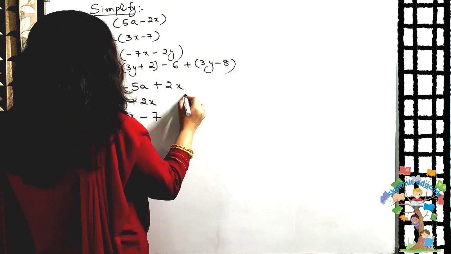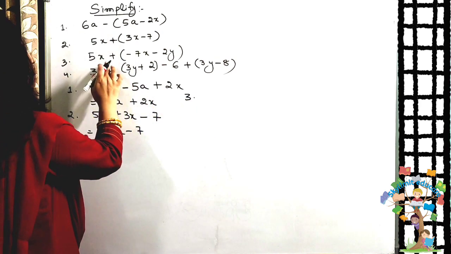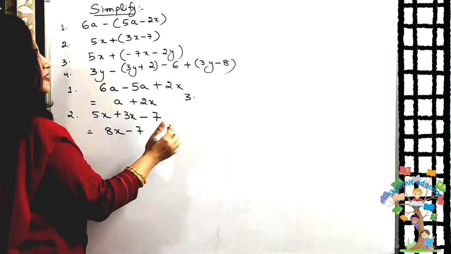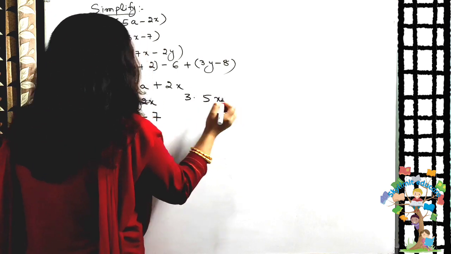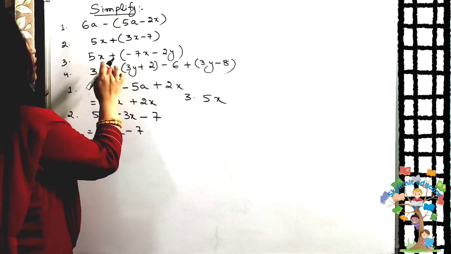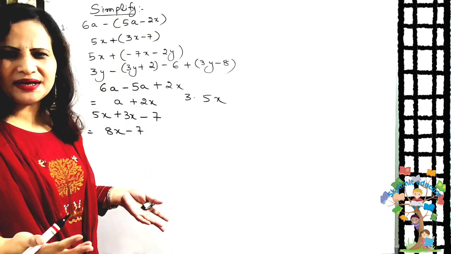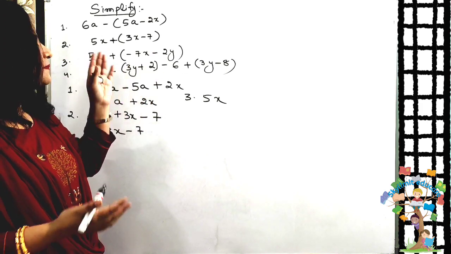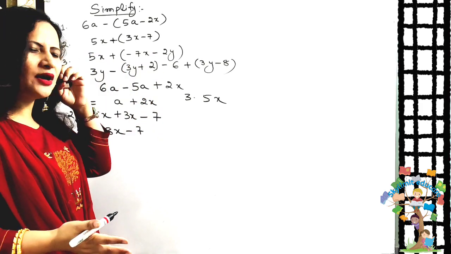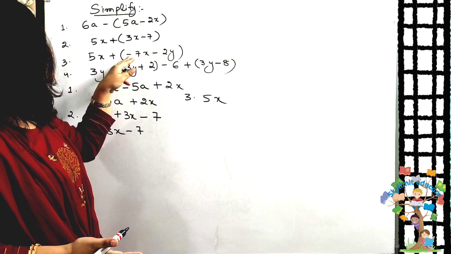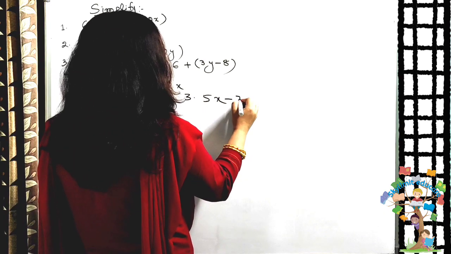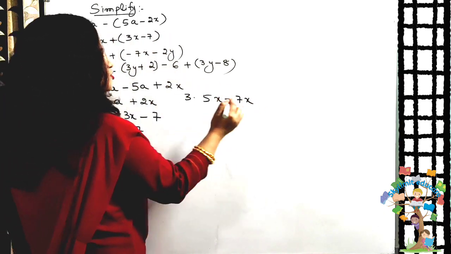Let's come to question number 3: 5x plus (minus 7x minus 2y). Again, first I will write the first term, 5x. Now outside the bracket what sign is there, students? Plus sign is there. So no need to worry. No sign will change, simply copy down whatever sign is there. 7x is carrying a minus sign, so minus 7x minus 2y.